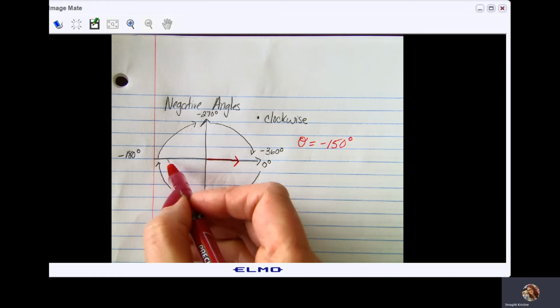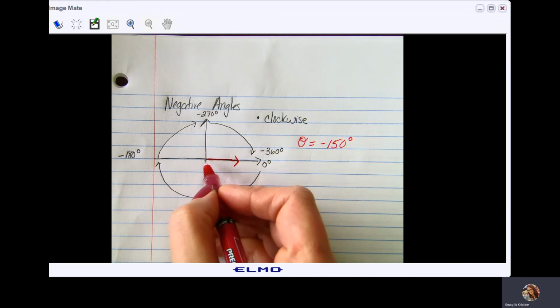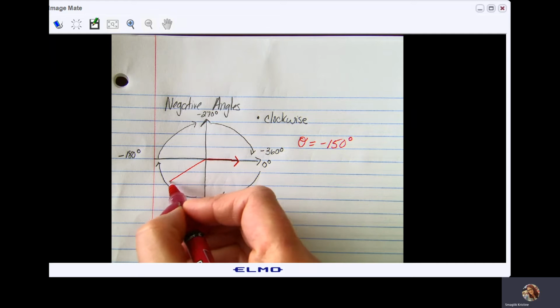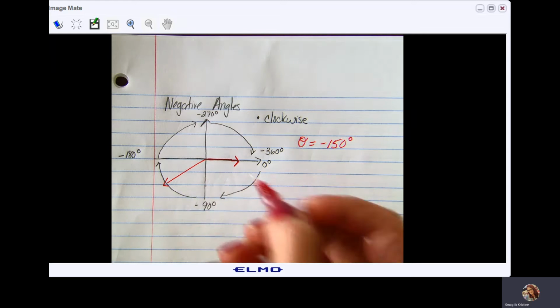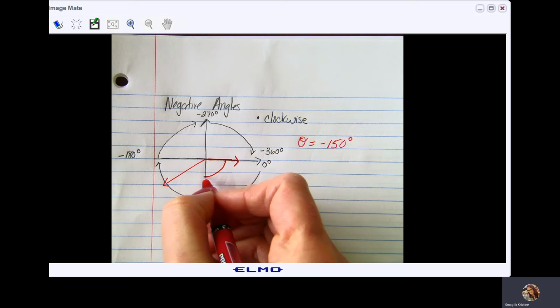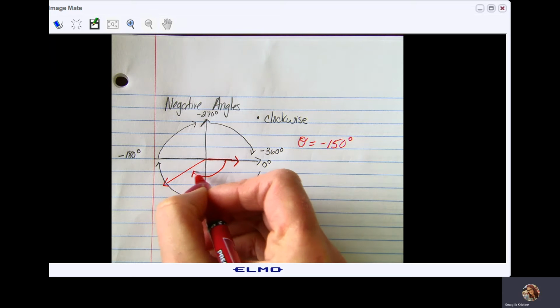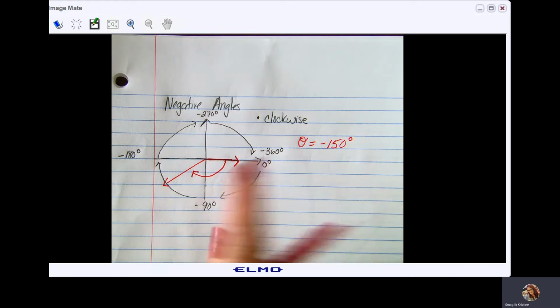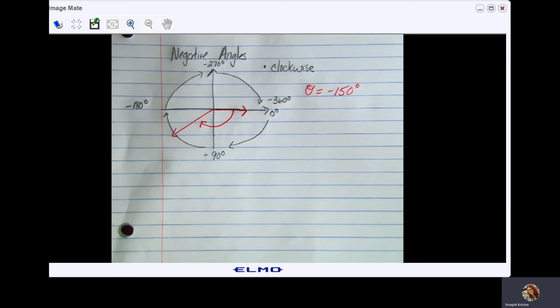I need to kick it back 30 degrees. So that means I'd be right in here. And then I'm also going to use this notation. This is the direction of my movement. I am moving clockwise. So here, theta equals negative 150 degrees.